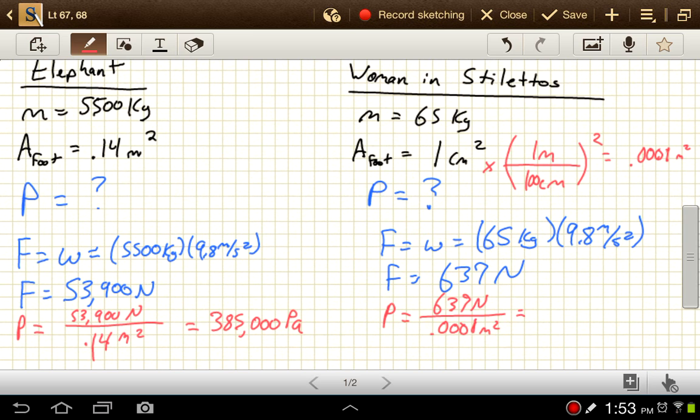And so on this one, we're going to have 6, 3, 7, and then 4 more zeros, pascals. And we can see that, yeah, the woman does have significantly more pressure applied to the ground than the elephant does.